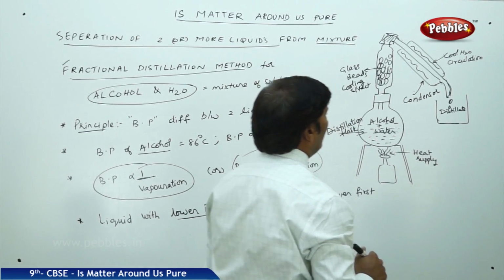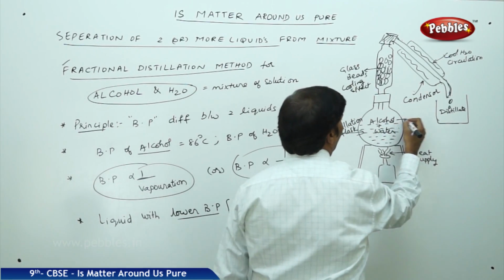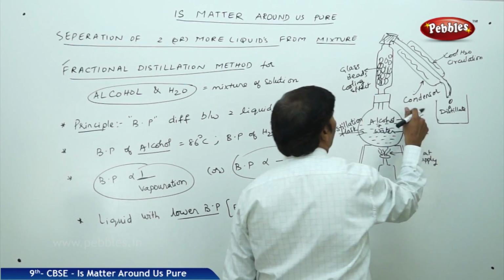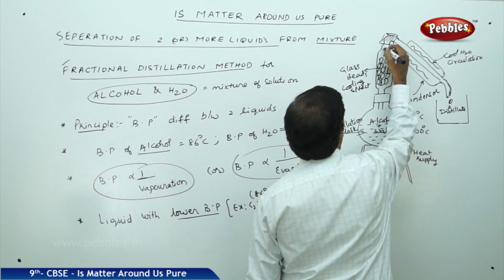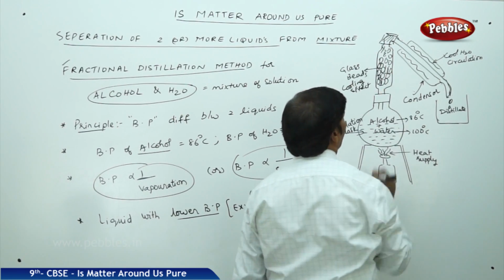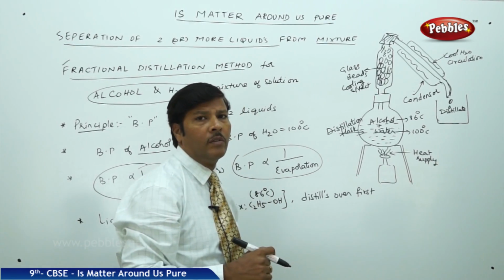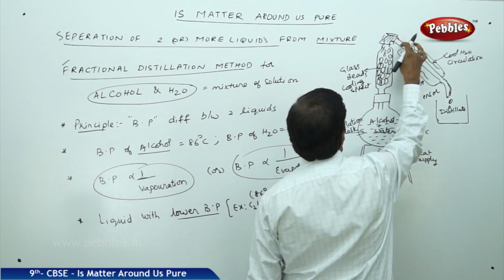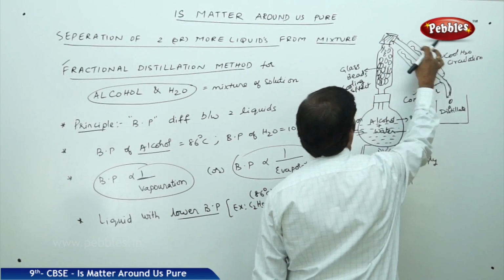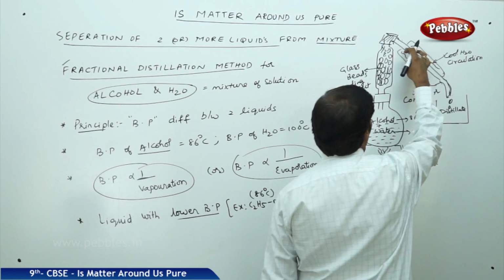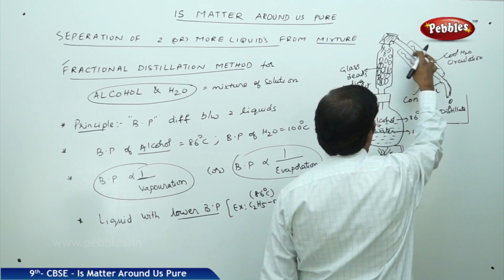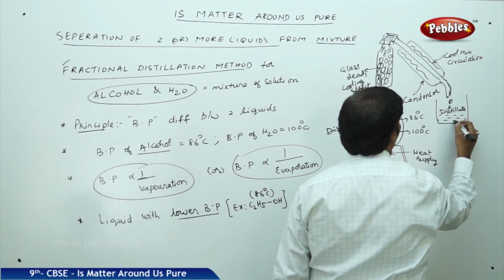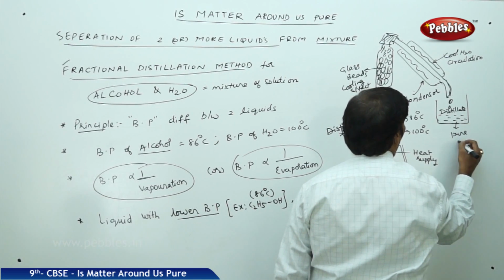So what is happening here is, alcohol boiling point is 86 degrees centigrade and water boiling point is 100 degrees centigrade. Because of the boiling point difference, you find all the alcohol vapors almost reach the topmost region of the glass bead tube. Because here the temperature is lower, the vapors enter into the cooling pipe, and because of the continuous circulation of the cool water, the alcohol vapors start getting condensed and converted into liquid, and you get the pure alcohol.